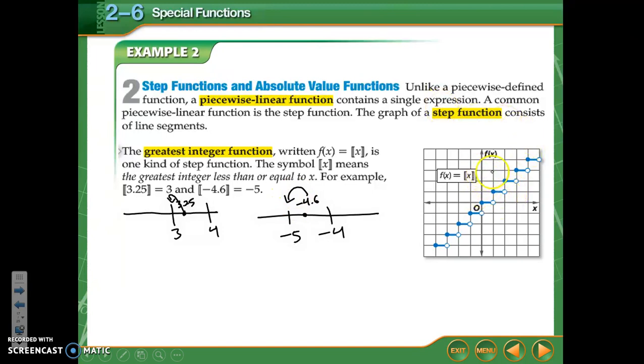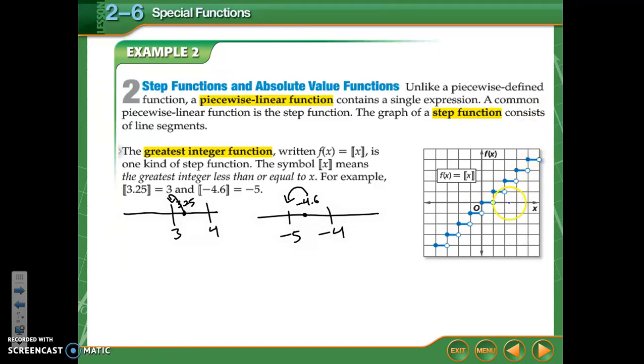If we look at this graph, it looks a little bit interesting, right? It looks different than ones we've seen. What's actually happening is that any number from 0 all the way up to, but not including, 1, if I plug in 0.1, 0.2, 0.3, the integer that will be lower than that is 0.